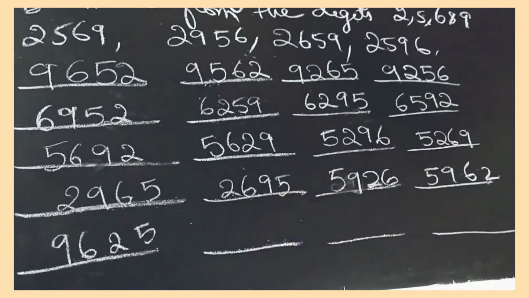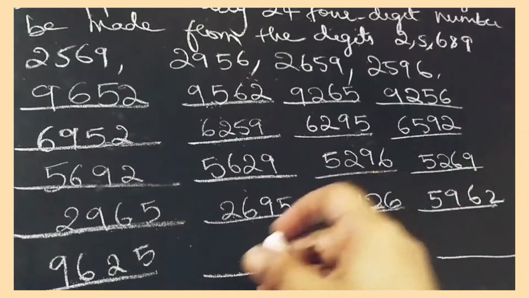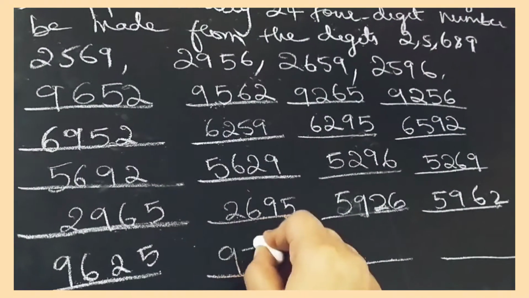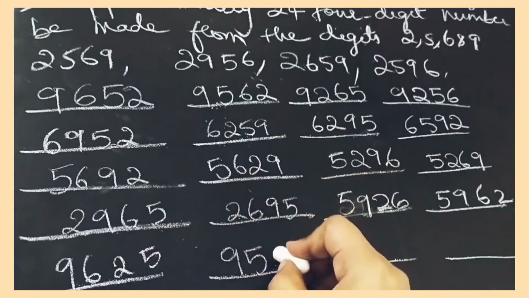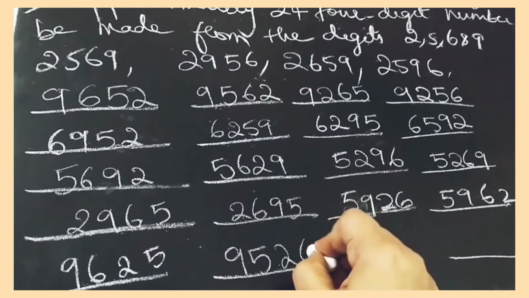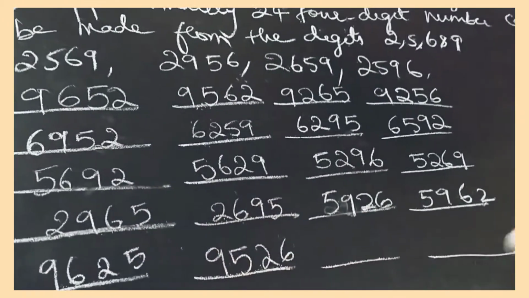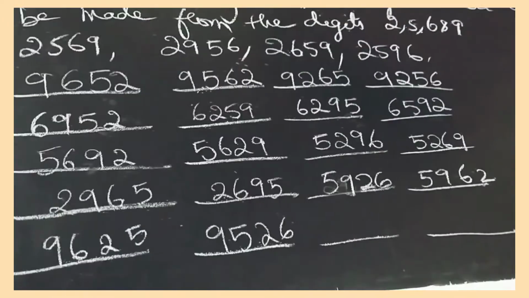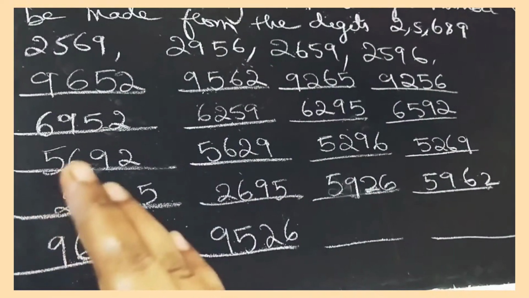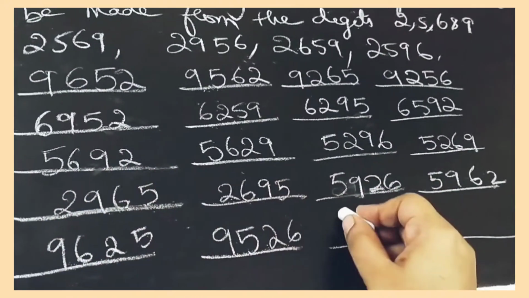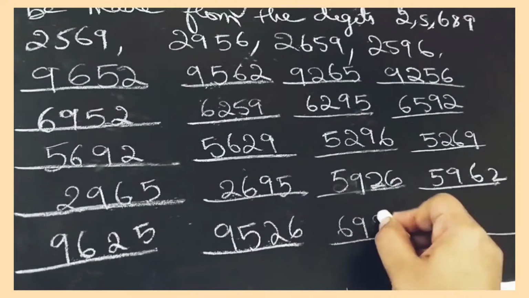Okay, so we can write here 9 5. Here 6 2 is there, so we can write as 2 6 also. So we have taken here 6 9 5 2. We can take 6 9 2 5. We have not taken 6 9 2 5.